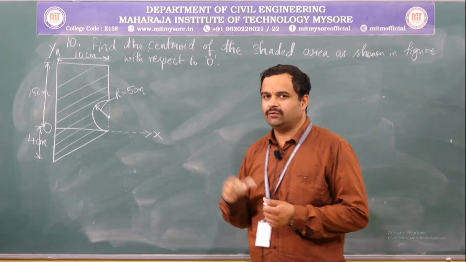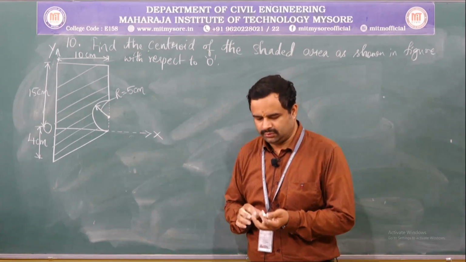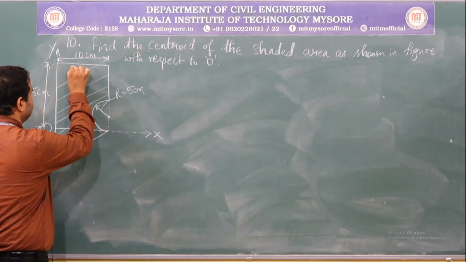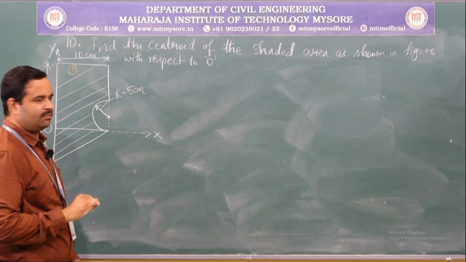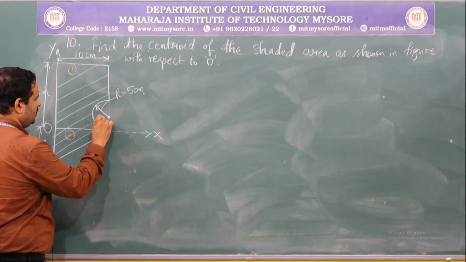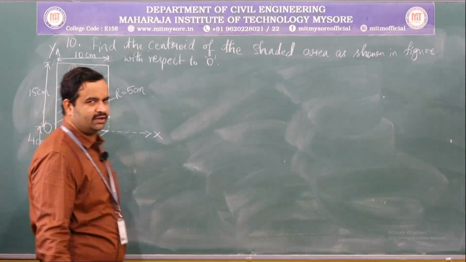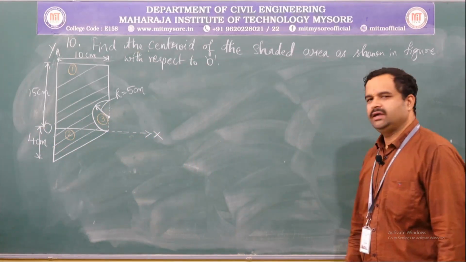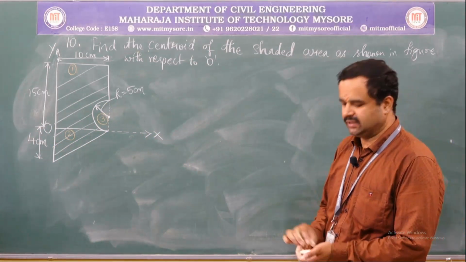Now let me divide this into number of known components. So let this be rectangle component number 1, let this triangle be component 2, and let this semicircle be component 3, whose area has to be removed out, that is, area should be written with a minus sign.